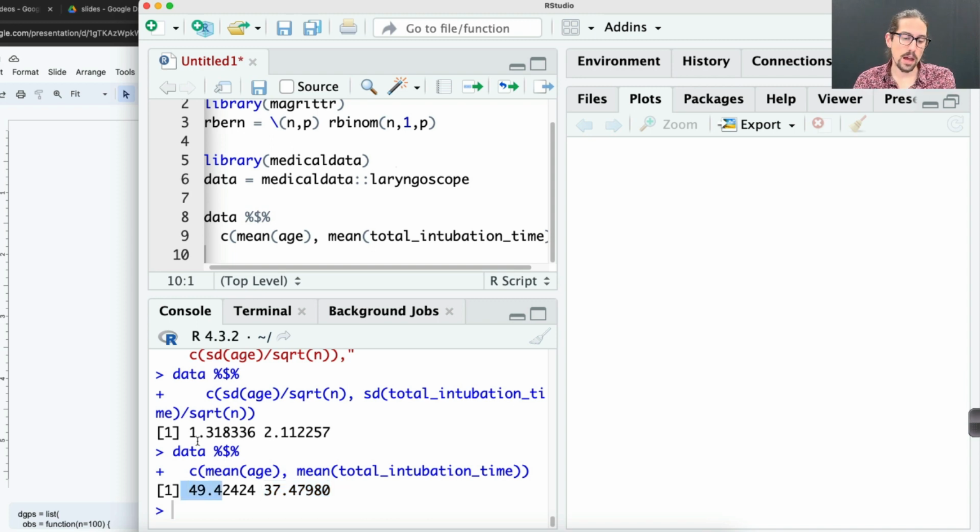Whereas here, I'm not very likely to have gotten a number that's too far off from 50 or 48. So this number is probably a better guess for the mean age. This is a better estimate of the mean age than this is an estimate of the total intubation time.